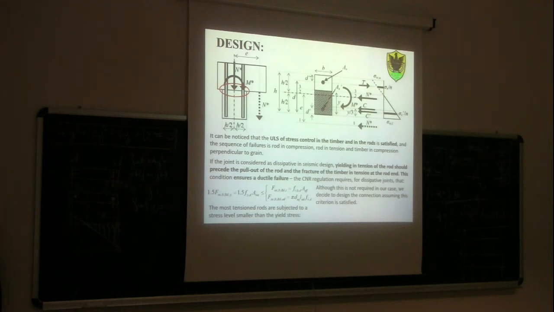I'm just repeating, in our case this criterion is not necessary, but as a matter of exercise, we are going to see what kind of results we can get if we want to satisfy this criterion also in our case, okay?